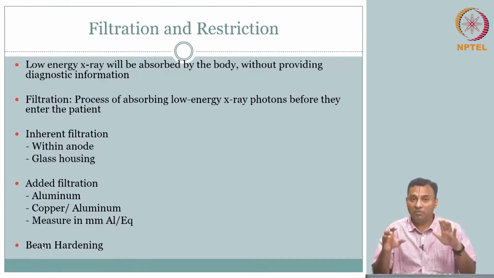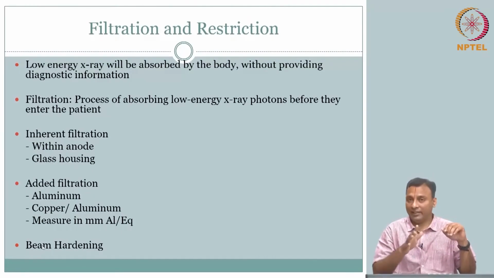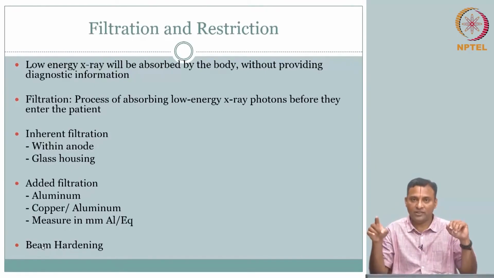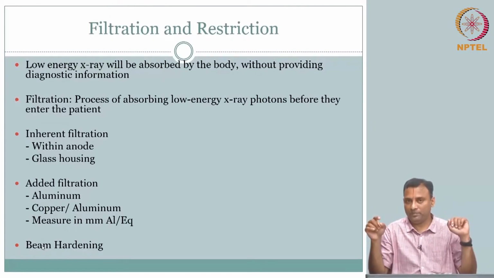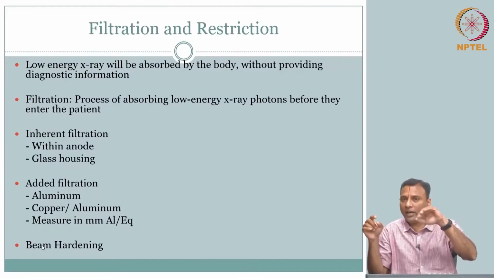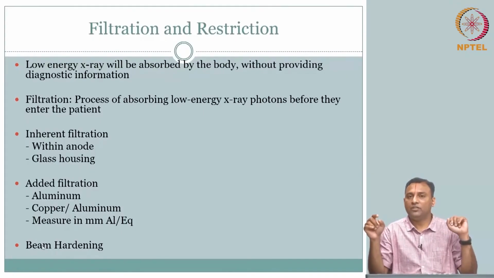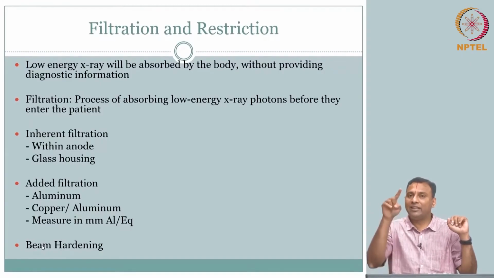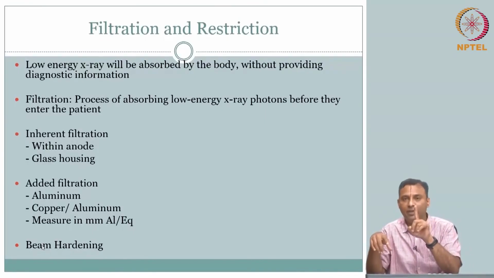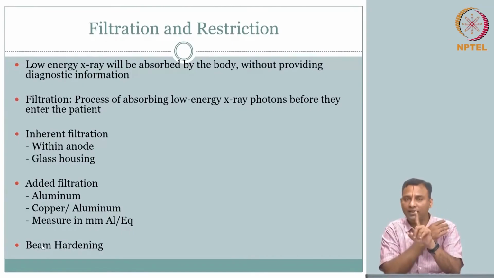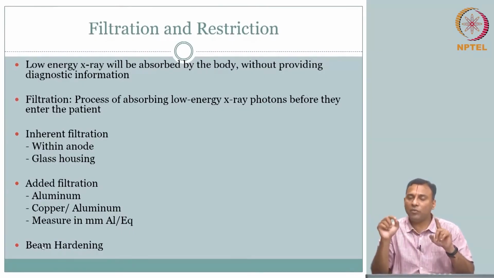What do you expect beam hardening to be? Oh, so I have beam, which is the X-ray energy that is going in, right? That the hill that we talked about. So, now what have you done because of filtering? I am basically taking out the lower end of the spectrum, right? So, now what will happen to the mean energy that is coming out? If you have the hill, there is a mean value, right? If I preferentially take the low side, now I take the mean, what is going to happen?